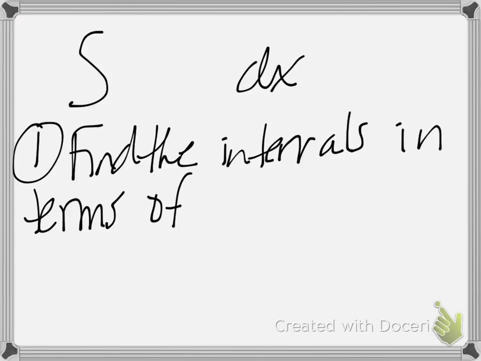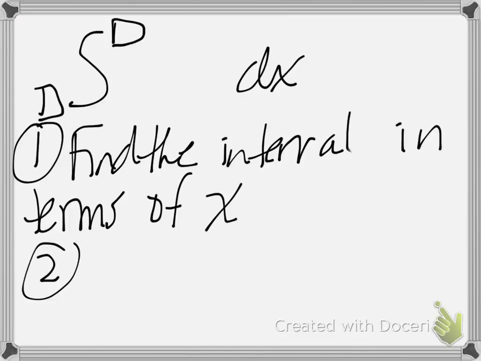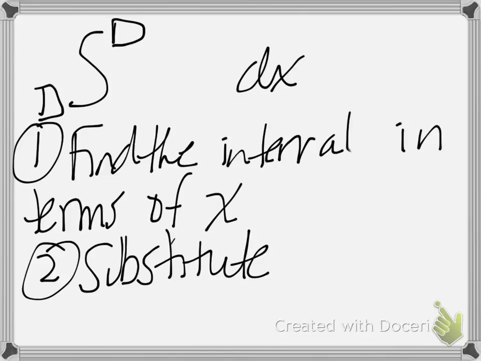Not intervals, sorry. In terms of x, right? Because this value up here and this value up here, we're talking about x. And then I would just say substitute to the formula. Really, that's it. Yeah, but I guess number one would always be to first find the interval in terms of x. Okay?